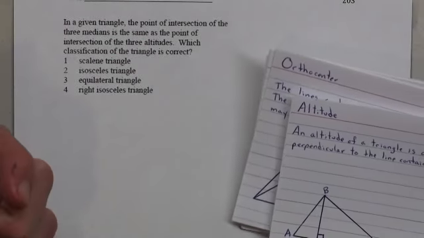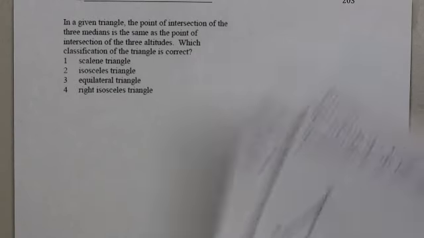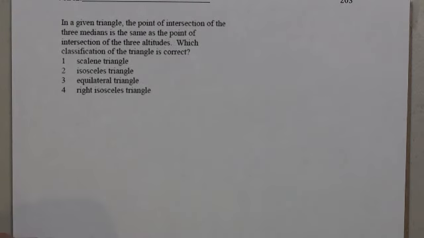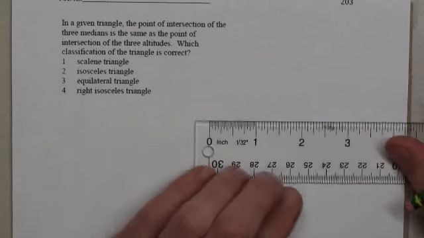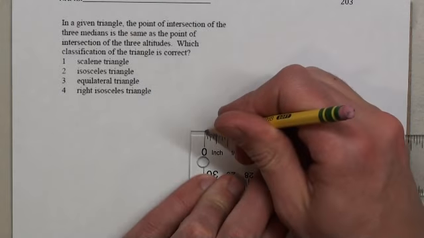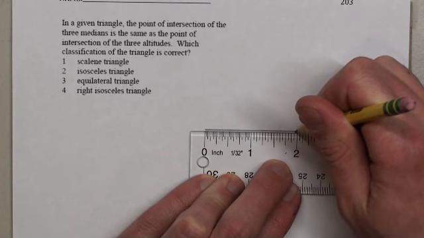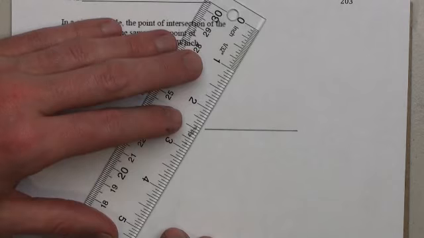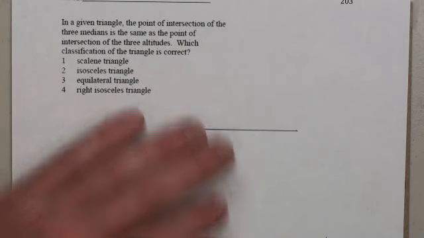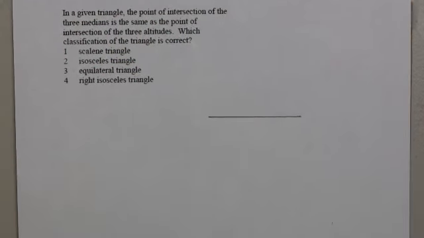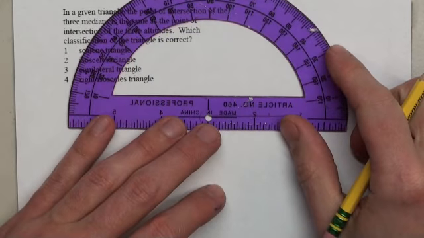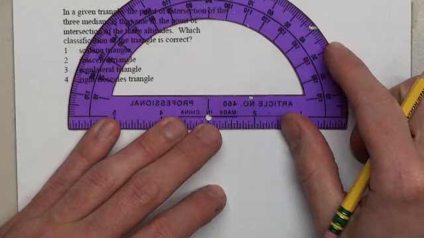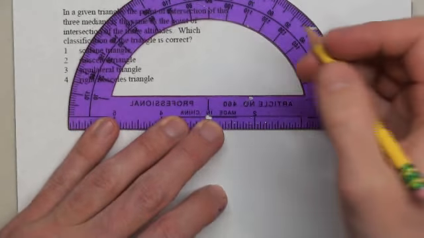Okay? Let me just see something. An equilateral triangle. Let's think. Let's try it out real quick. Because I'm not 100% sure, to be honest. I mean, I think it's equilateral. That just seems to make sense, but I have to prove it to myself. So I made that side 2 inches. Now I gotta go up 60 degrees because all the angles in an equilateral triangle are 60 degrees.